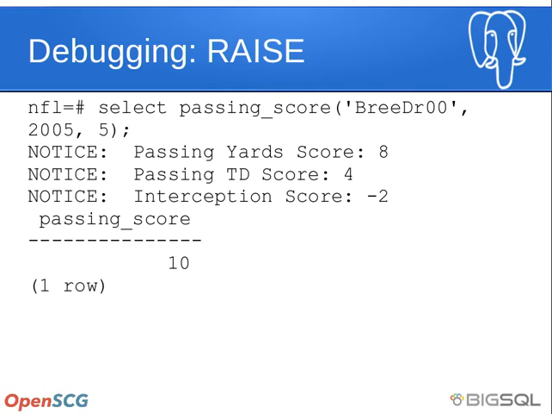So if we ran select passing score for Drew Brees on the 5th game of 2005, we could see he had a passing score of 8, a touchdown score of 4, and an interception score of -2. So his total passing score was a 10. This way, you can debug with that old tried and true method of putting in debug statements to see what's spitting out. It works, always does. It's a great way of doing it.